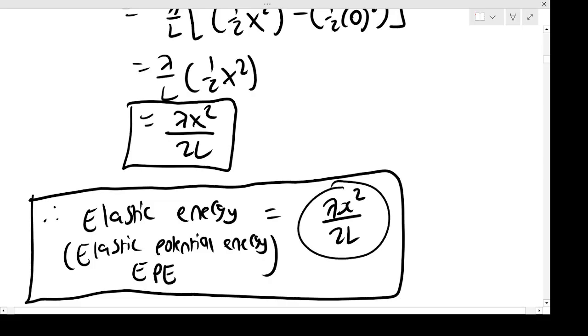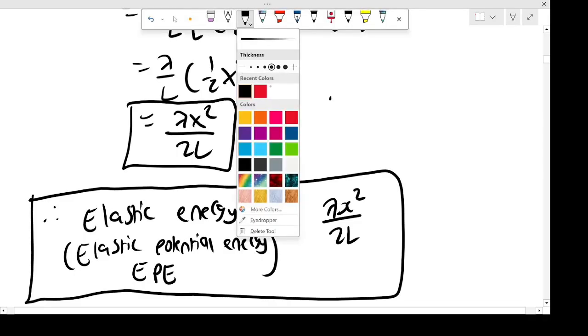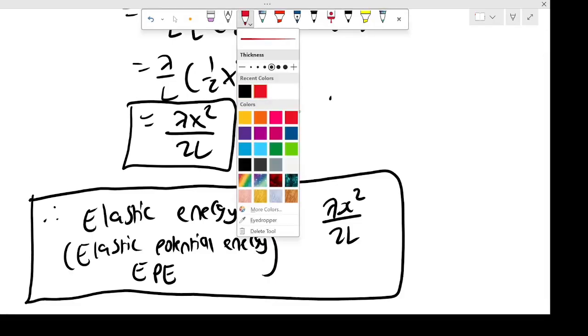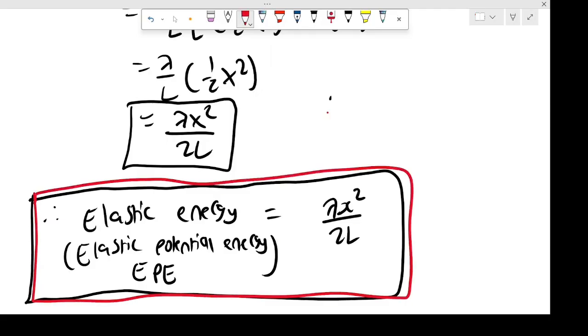We're going to be using this formula to work out the elastic energy, the energy in a string or spring. Now I really want to emphasize, you do not need to know anything we've done here. The only thing you need to know from now is just this formula. You only need to know the formula and to apply it to questions, which we'll do in a second.